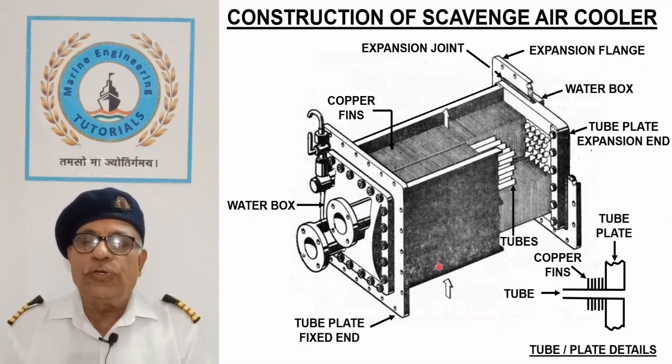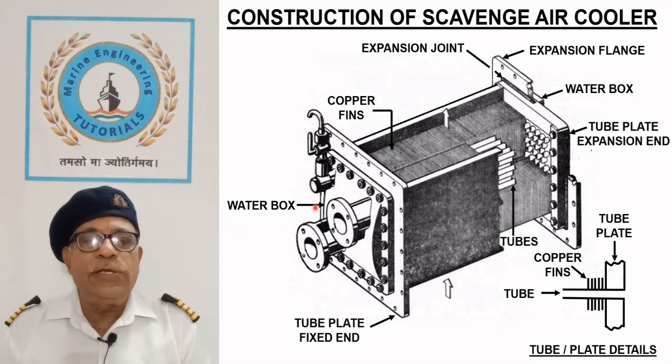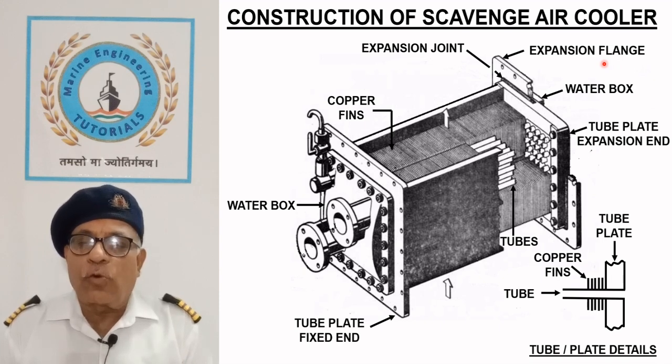Tube plates are closed by a water box on each end. Corrosion of water boxes due to seawater, when directly used for cooling, is prevented by the use of sacrificial anodes.